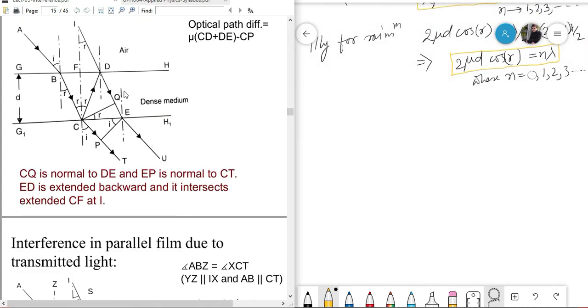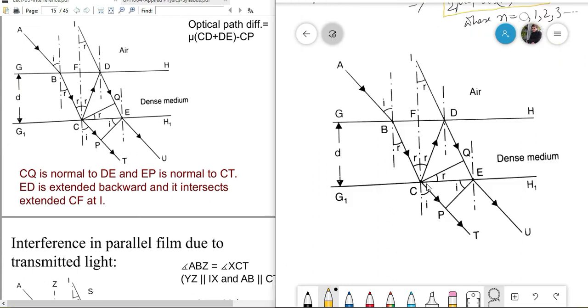Here is the situation. This is like our last 7 and 8 ray. This is the original incident ray, and then the multiple reflection, and then again reflection happens, and ultimately you get the ray 8, and from here after refraction at the point C you get ray number 7.